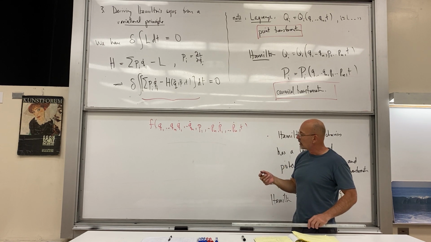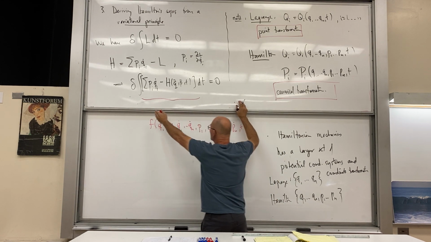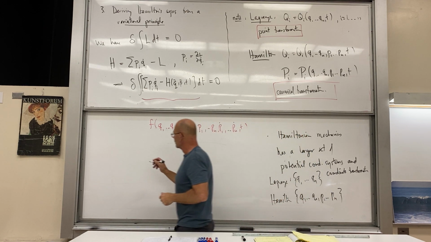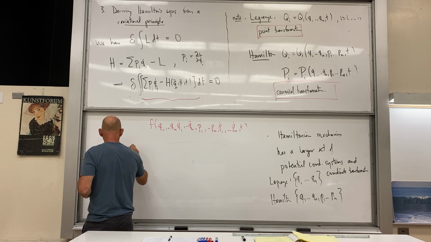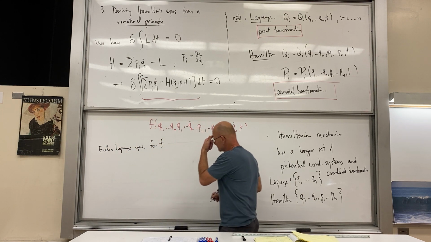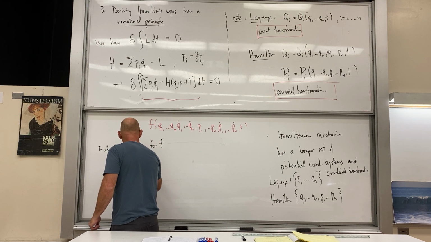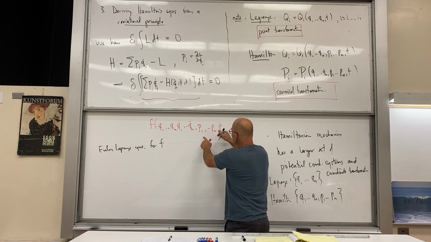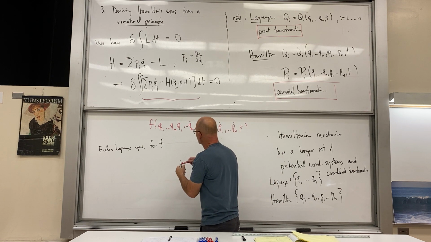Nonetheless, we have Euler-Lagrange equations. If we have a variational principle, if we have this function, this integrand, then we have Euler-Lagrange equations for f. You see we're treating the Q's and P's as the dynamic variables, the Q dots, the P dots, same way.